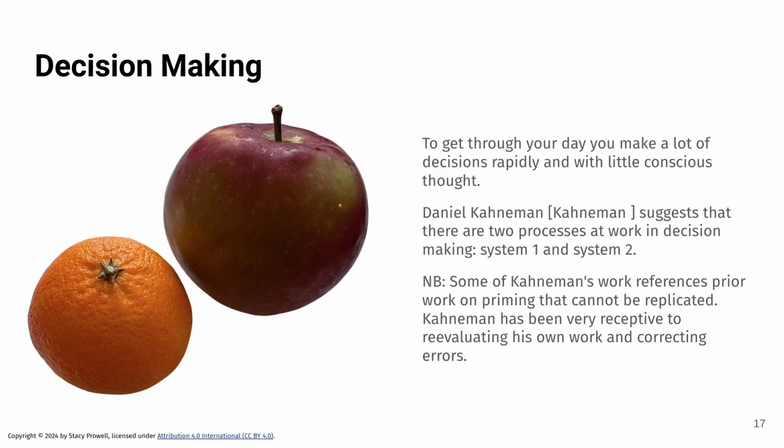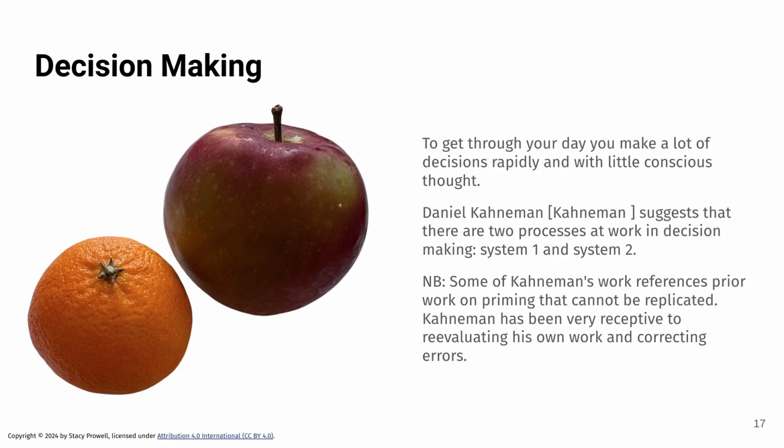So to get through your day, you make a lot of decisions rapidly, and you do that with little conscious thought. So Daniel Kahneman, and I've left the date out, I apologize, it's in the citations at the end, suggests that there are two processes at work in decision making, and he calls them System 1 and System 2. There are several papers that lead up to this, and then the System 1 and System 2 language appears in his book Thinking, Fast and Slow, which is a fairly famous work in the field.